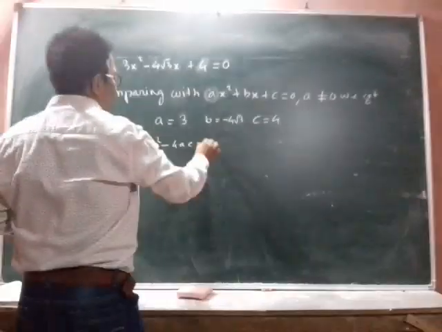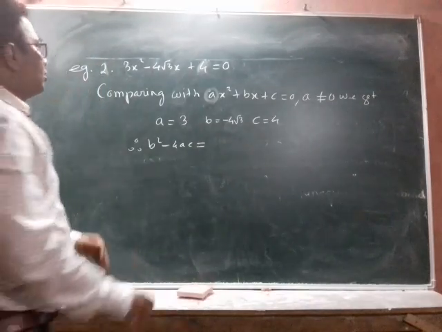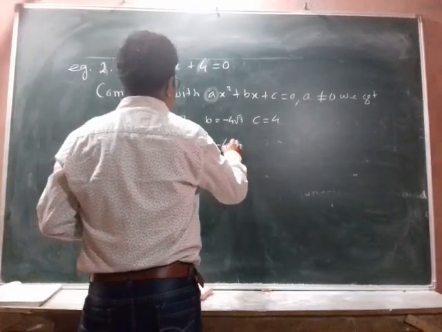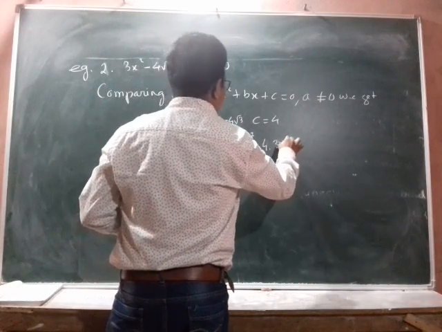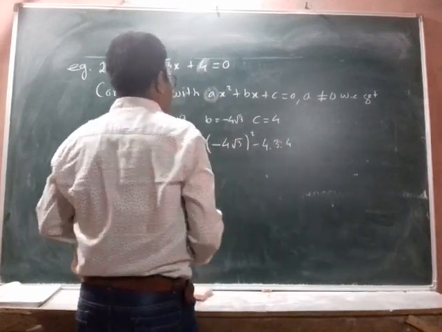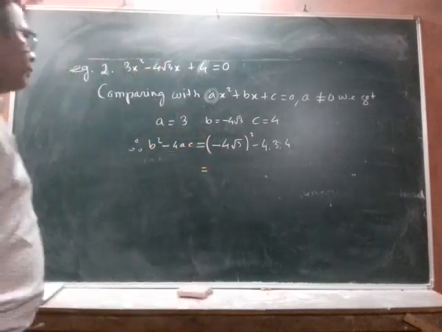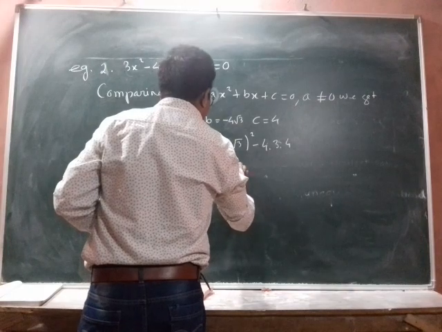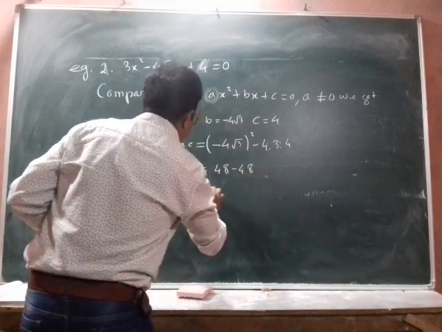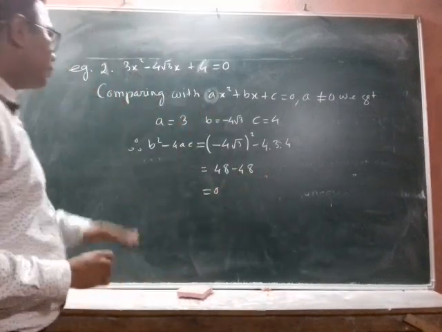Now we check b square minus 4ac. First substitute for b: minus 4 root 3 squared minus 4 times 3 times 4. If we square it, 4 4s are 16, 16 3s are 48, minus 48. So we get 0. So b square minus 4ac equal to 0.